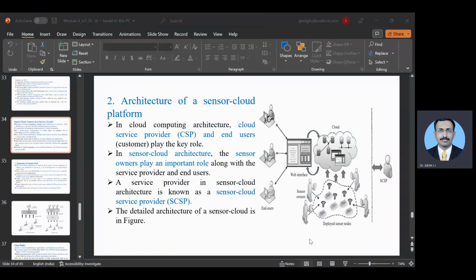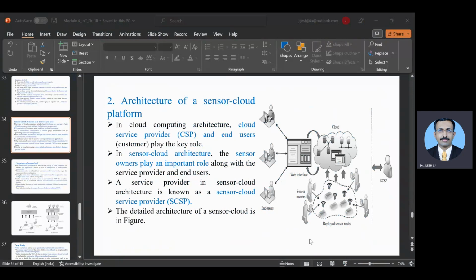So you can say that with the deployment of sensor nodes, you will be having sensor owners for that. They will be deploying the entire process and they will be owning the process. Now whether you need it or not is up to you. If you are in need of that sensing process, you need to pay for it and you need to use that sensing setup.